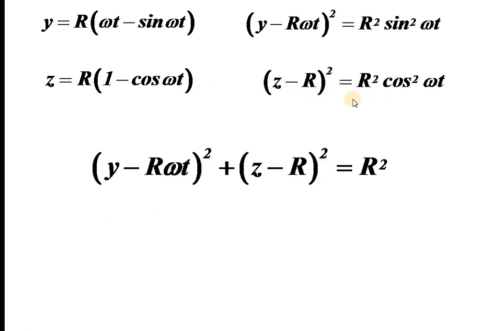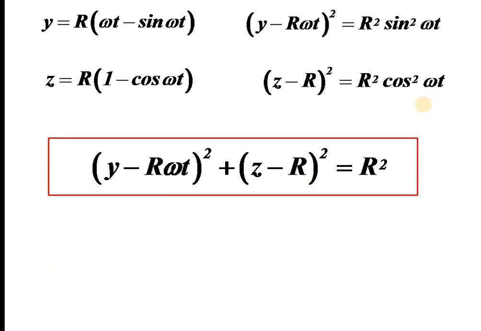Now you combine both these equations. What we get? Y minus R omega t all square plus Z minus R all square is equal to R square. On the right hand side you have R square into sin square omega t plus cos square omega t. So obviously you know sin square omega t plus cos square omega t is 1. So as a result we get an equation.